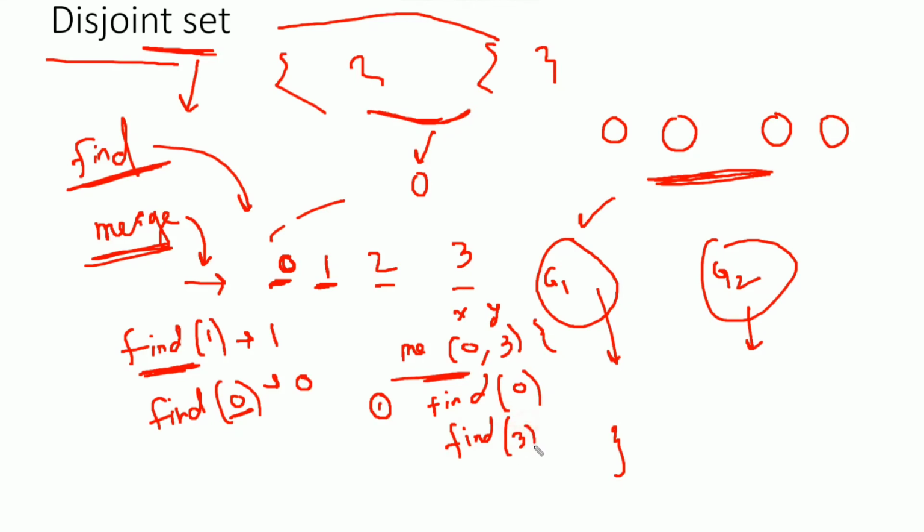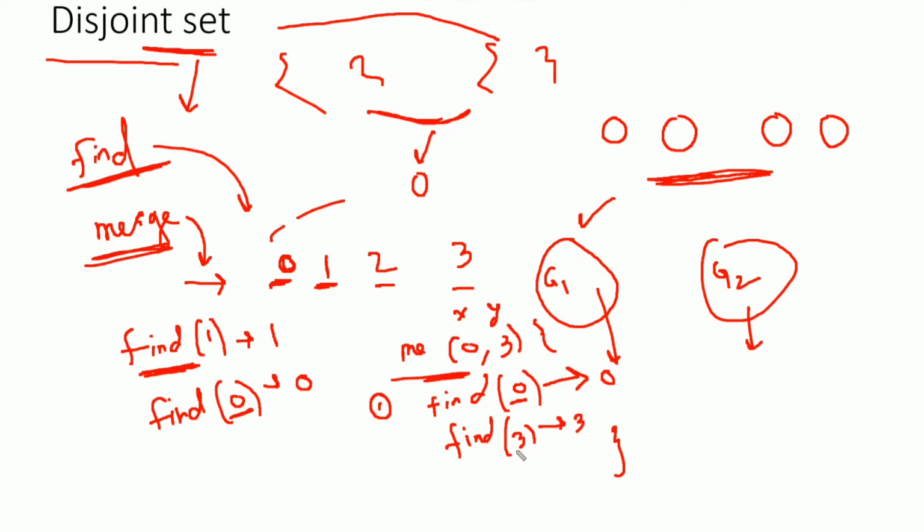Find of data 0 will return the representative of this data, which will be itself because it is a single data. Find of data 3 will be 3 itself because 3 is a single data.